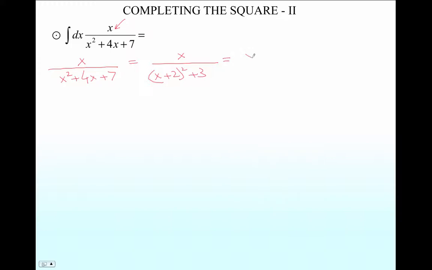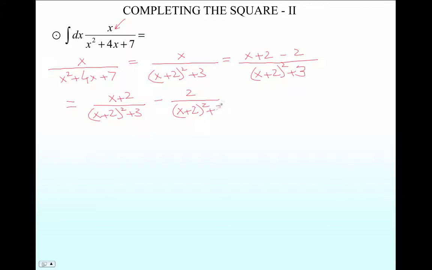And now I'm going to add 2 to x, but then also subtract 2 from x, keeping the denominator as it is. This now separates very cleanly into 2 parts. One is x plus 2 over the denominator, and the other is just a number over the denominator.